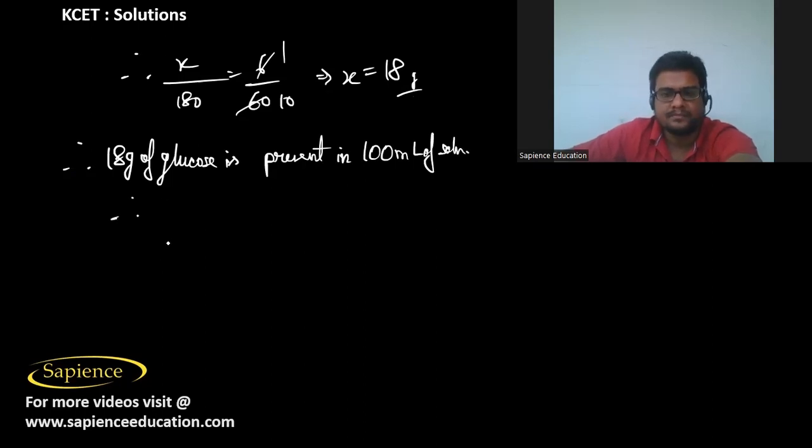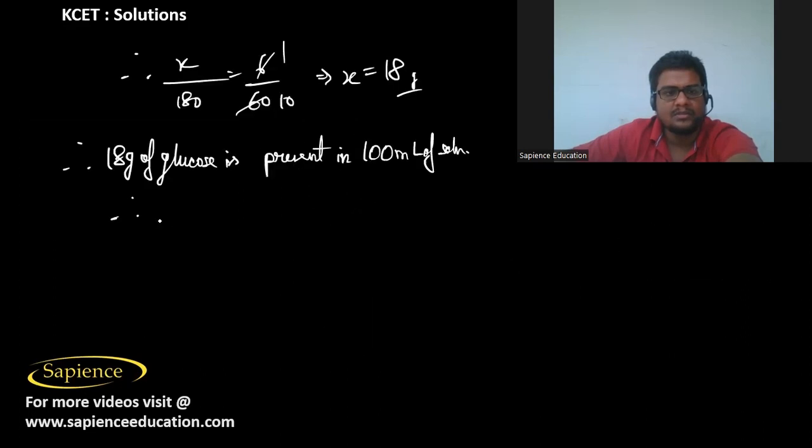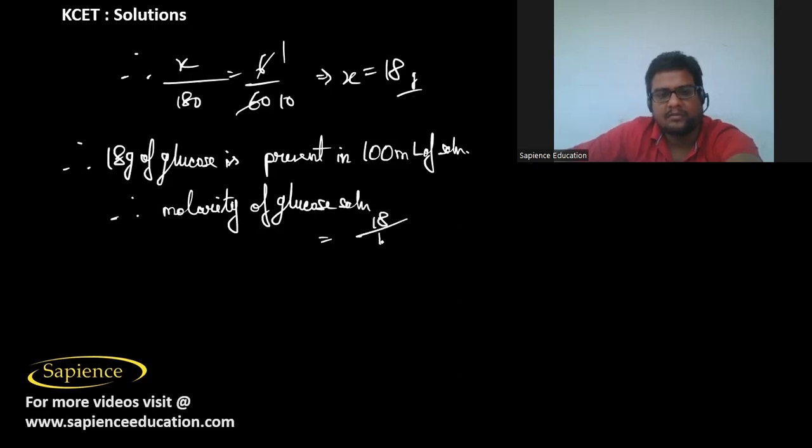Therefore the molar concentration, or the molarity, of the glucose solution will be equal to the number of moles of glucose, that is 18 by 180, divided by the volume in liters, so 100 by 1000.